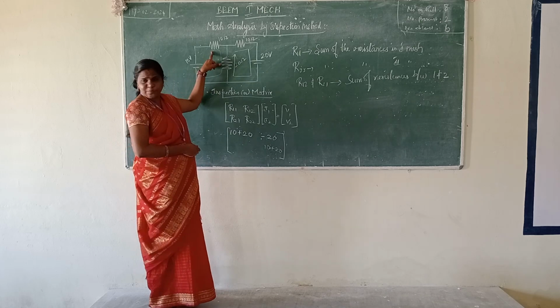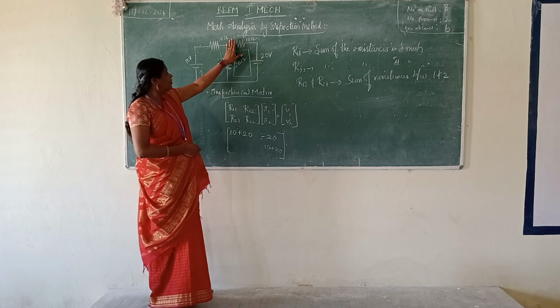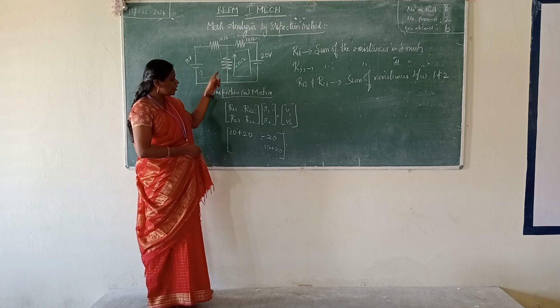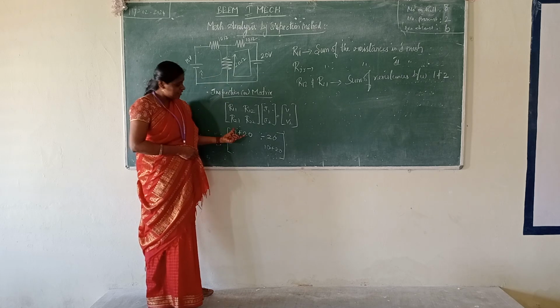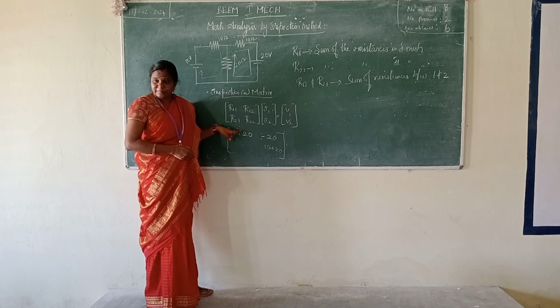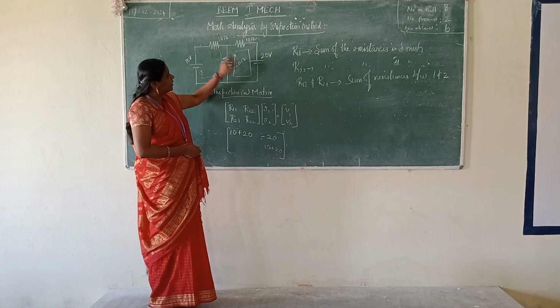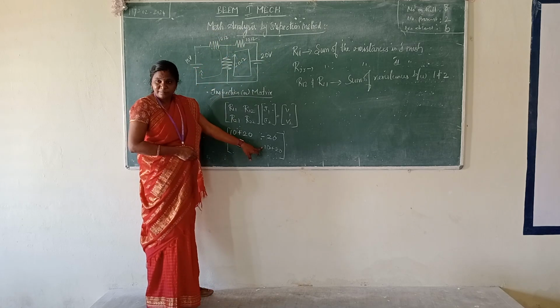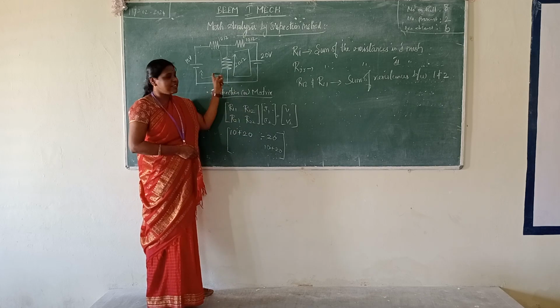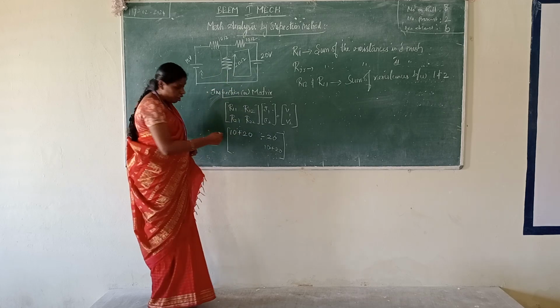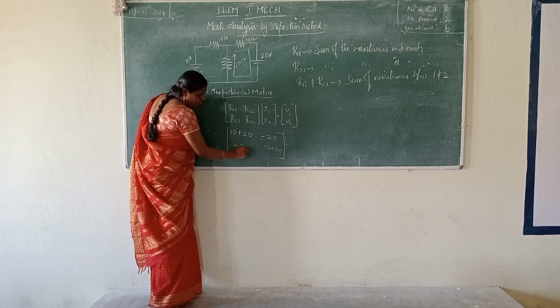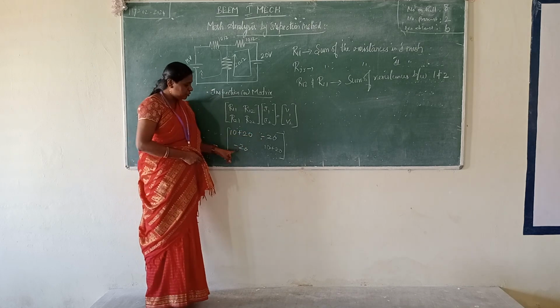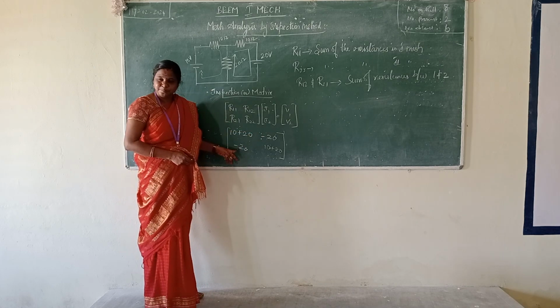Here only I1 is flowing, considering only the first loop. For the second loop alone, I consider 10 plus 20. In the central resistor both currents flow in opposite directions, so whatever value comes for R12, the same comes for R21.